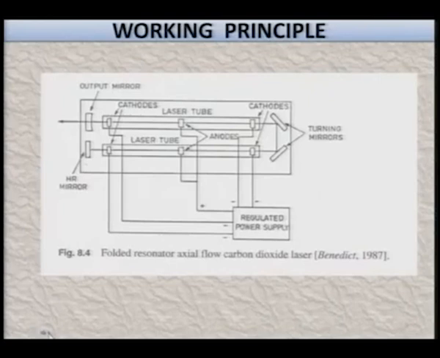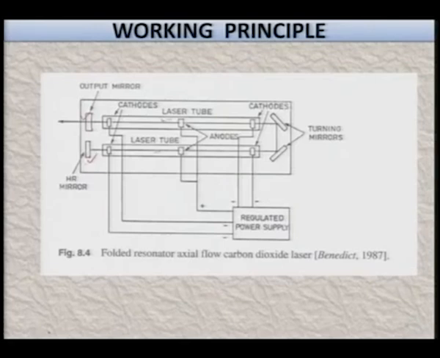Now, this is where I told you that it has two mirrors at the end of the tube. This is known as a folded resonator axial flow carbon dioxide laser, and you can see here there are two mirrors. One is labeled highly reflecting mirror, and there is another mirror from which you are getting the laser beam. Now, there are two tubes, one is this tube, another is this tube.